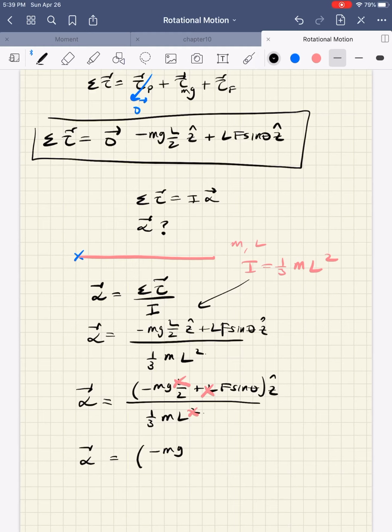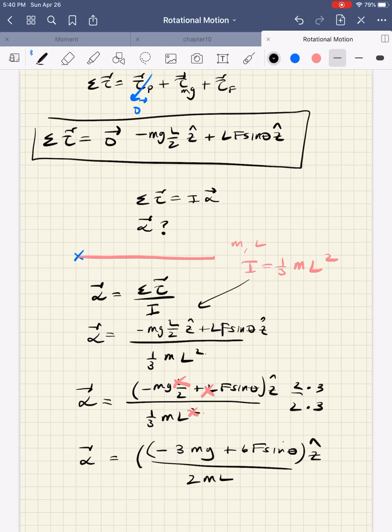And I'm going to multiply both the numerator and denominator by a 2 and a 3. So, in fact, this would have been minus 3 mg plus 6 F sine theta divided by 2 mL, z hat.